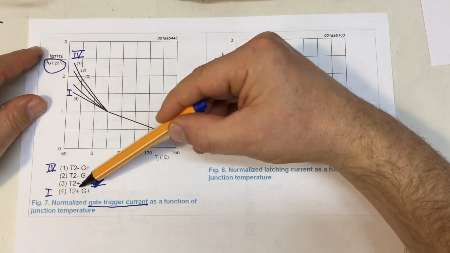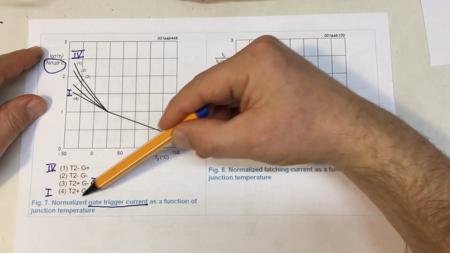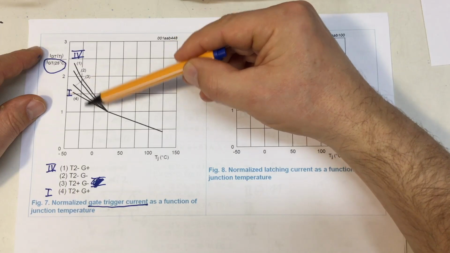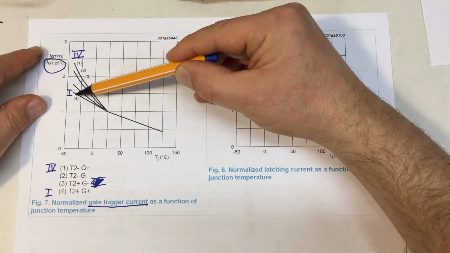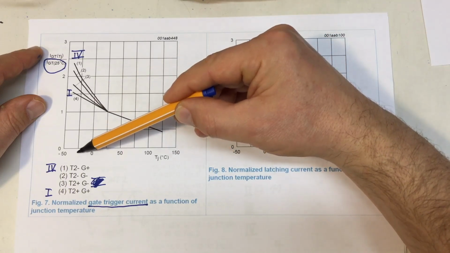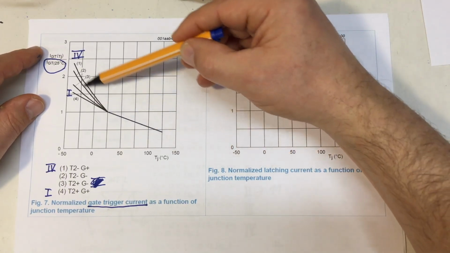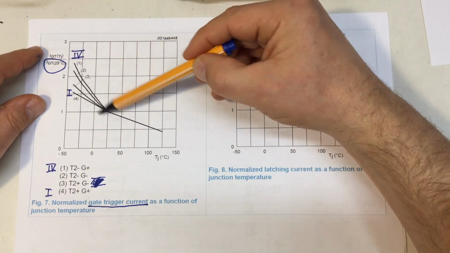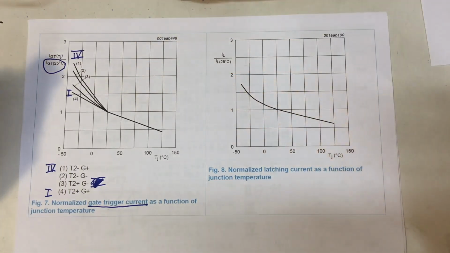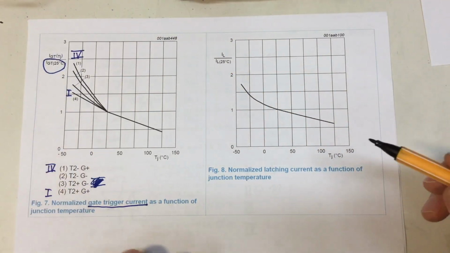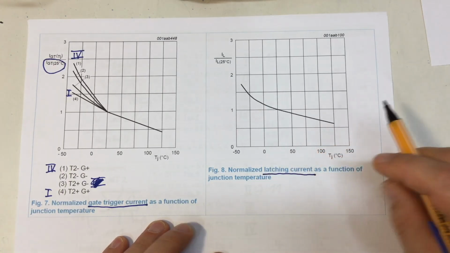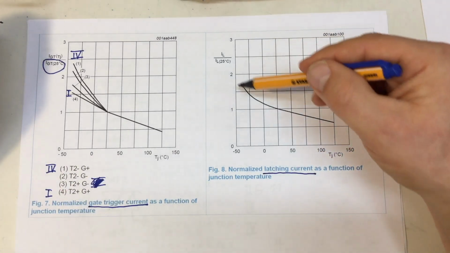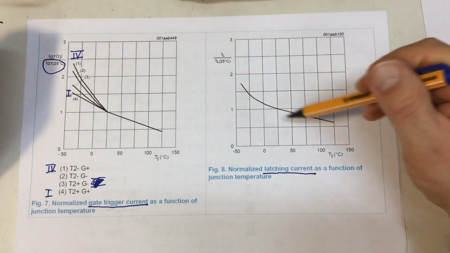Yeah, and even our best case, quadrant 1, you need about 1.5 times the trigger current at minus 25 degrees. So there is a huge temperature differential. If you look at the latching current, at least we only have to look at one curve.